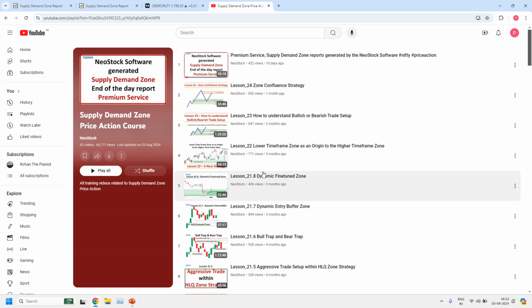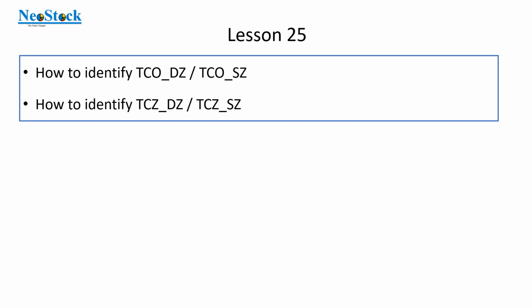I am combining both bullish and bearish trade setup and ITF zone confluence. You must go through those videos clearly. First you should understand the setup clearly. Then it is easy for you to understand identifying these TCO and TCZ high liquidity zones.